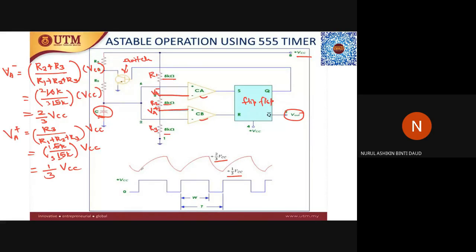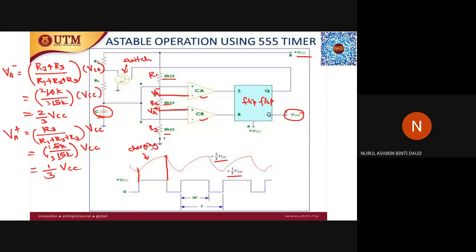So why is the input waveform like this? It is because of the charging and discharging time of this capacitor. At this point, what will happen to the capacitor? The capacitor is charging.